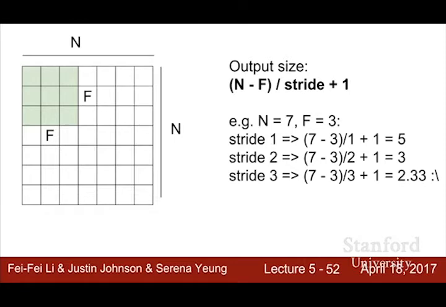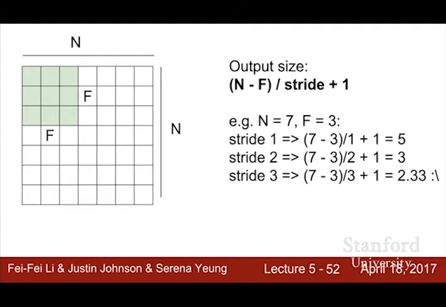Just looking at the way that we computed the output size, this actually works into a nice formula where we take the dimension of our input n, the filter size f, and the stride at which we're sliding along. The spatial dimension of each output is going to be n minus f divided by the stride, plus 1.